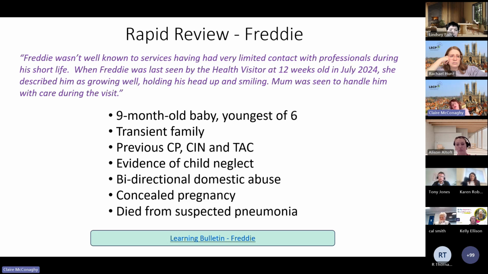And this was a family that had moved to different locations. Again, this was covering child protection, child in need, and TAC. So there's learning for everybody there. There was evidence of child neglect. This was interwoven with experience of domestic abuse, which is covered in the child neglect resource and scales.